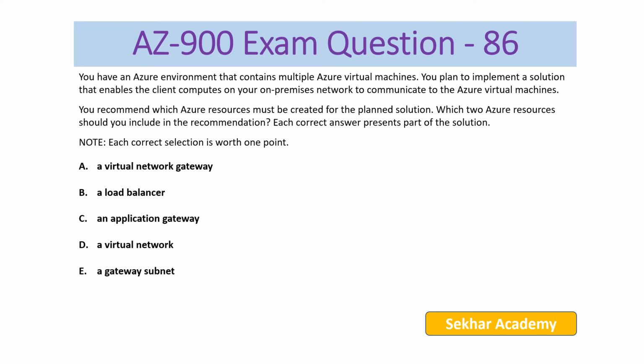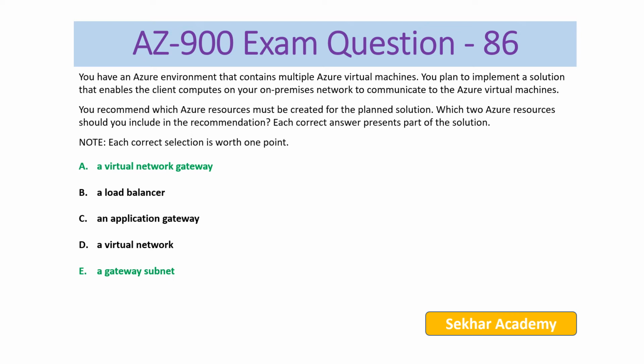The options we have: A, a virtual network gateway; B, a load balancer; C, an application gateway; D, a virtual network; E, a gateway subnet. Here the right answers: A, virtual network gateway, and E, a gateway subnet.